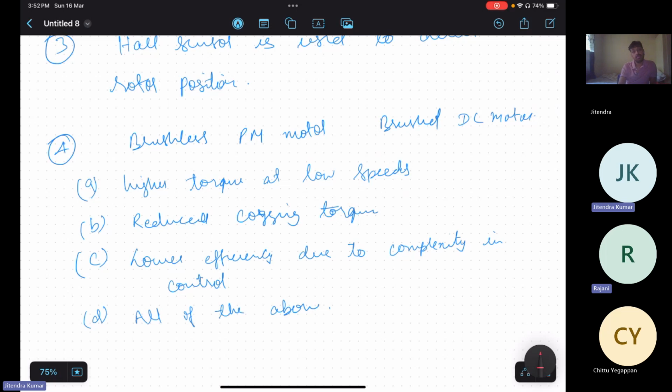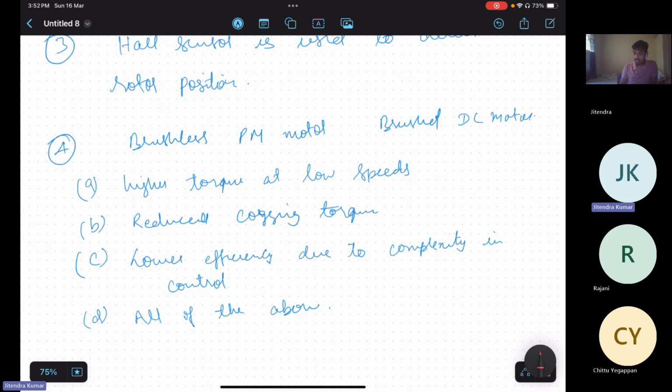Higher torque at lower speeds, at the time of starting torque is more actually. At even lower speeds also, there is a constant torque region, no? Flux weakening also is there. So I feel like the first one is okay.